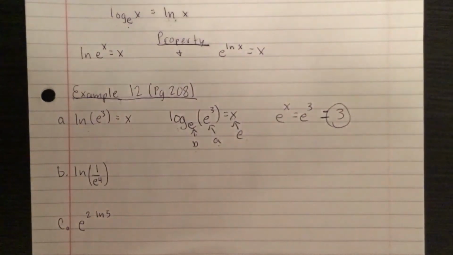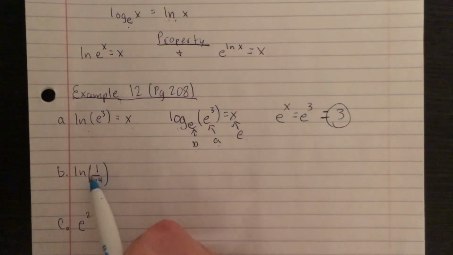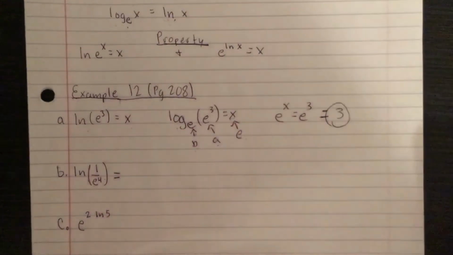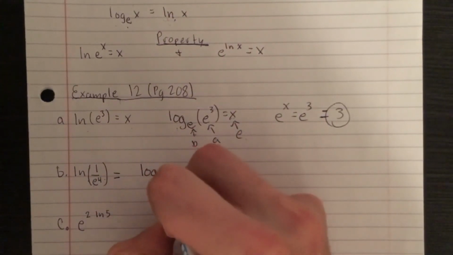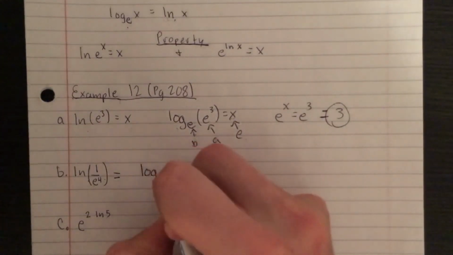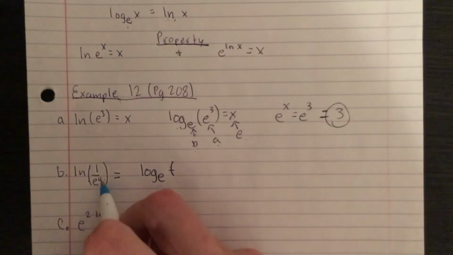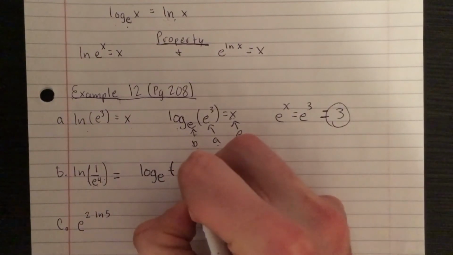So then let's continue to look at a few more of these. If we were doing ln of 1 over e to the fourth, we can rewrite that as the log of e, if that helps you remember that's the base there. And then the inside here, 1 over e to the fourth, is the equivalent of e to the negative fourth.